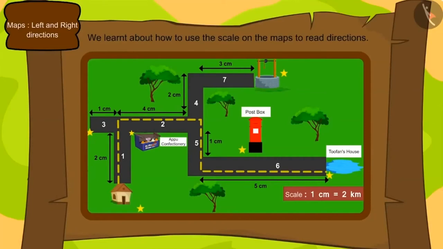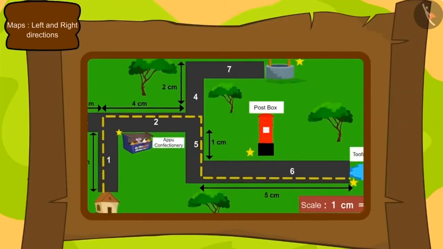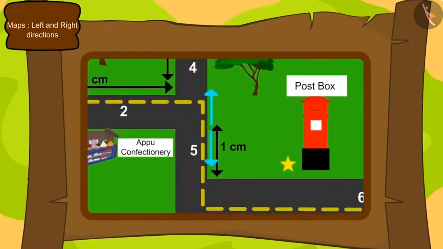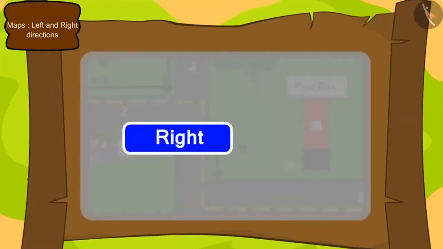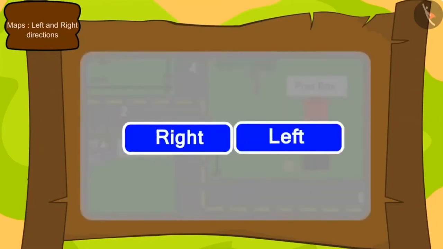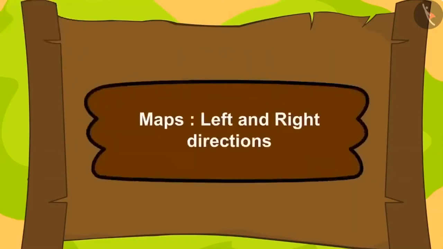Now, if we reach a point, how will we decide which path to go? To know this, we have to know about right and left direction. In this lesson, we will learn about the right and left directions used in maps.